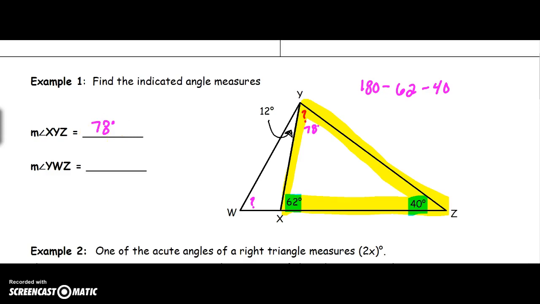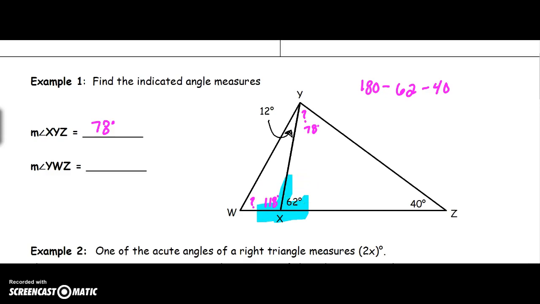For the next one, you're first going to look right here. That is an angle pair called a linear pair, which means those two angles measure up to 180 degrees. So if you subtract 62 from that, you get 118.